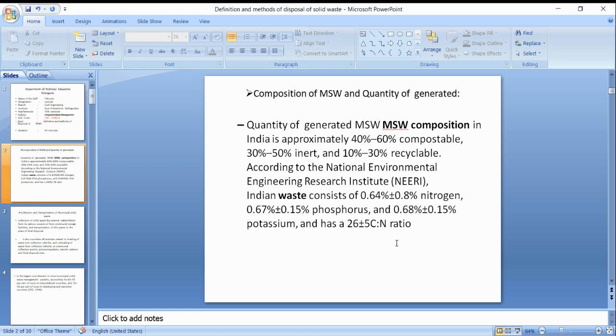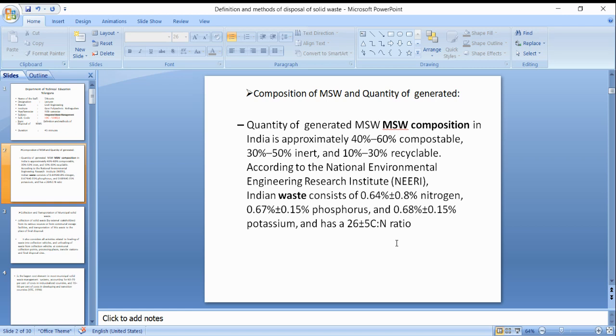The carbon to nitrogen ratio is 26 plus or minus 5. So overall, around 26 is the carbon and nitrogen ratio we are producing, with a tolerance of plus or minus 5.